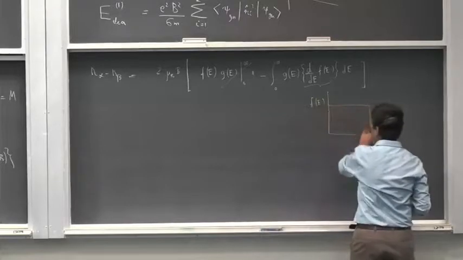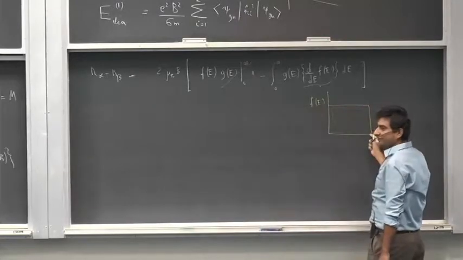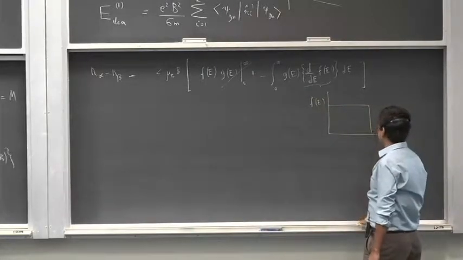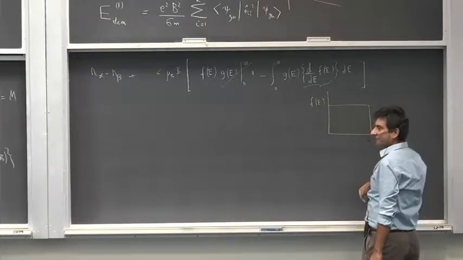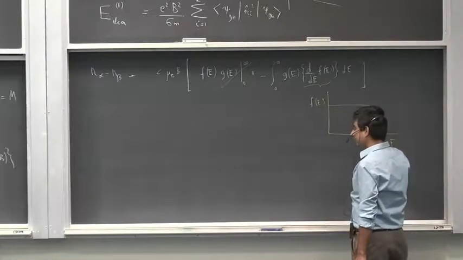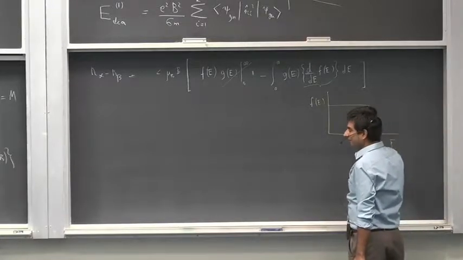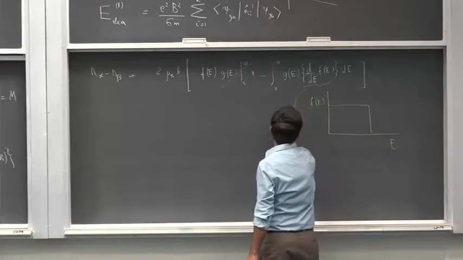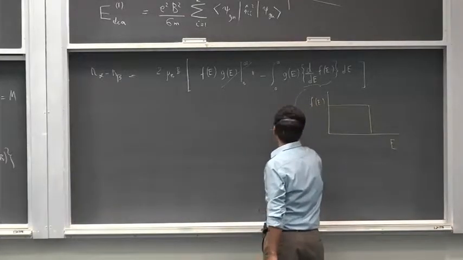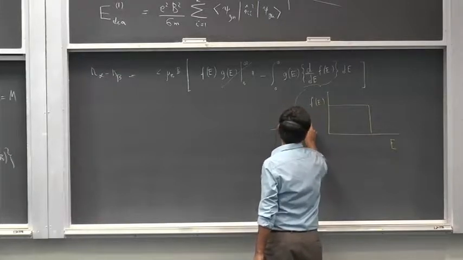Everywhere the derivative is 0. It's not 0 only here, where the derivative is a negative Dirac delta function, and that Dirac delta function only exists at E F. So this thing equals minus the Dirac delta function at the value of E F.